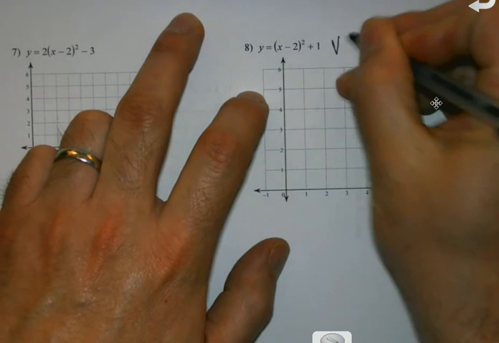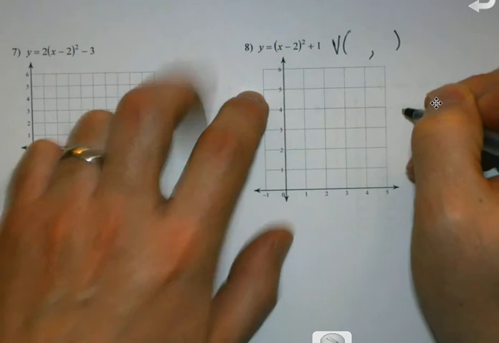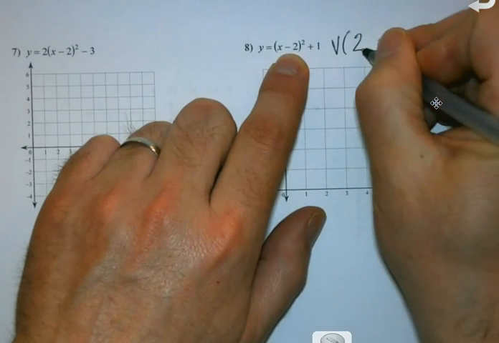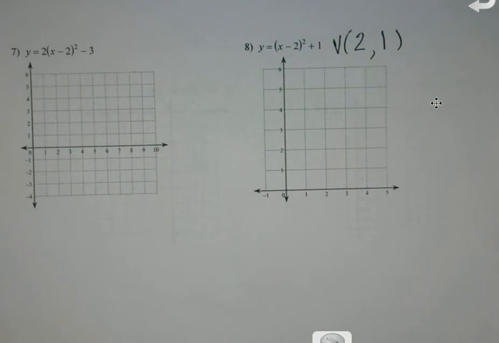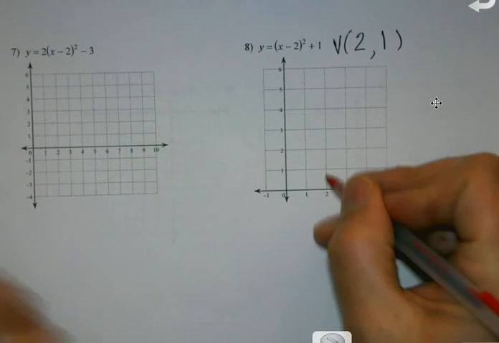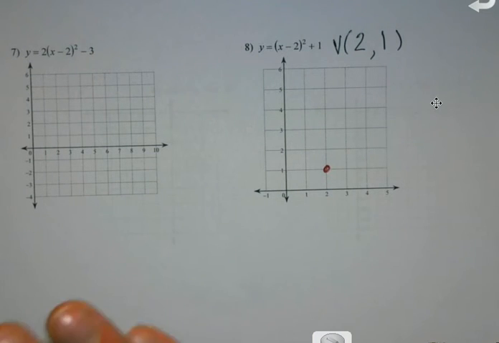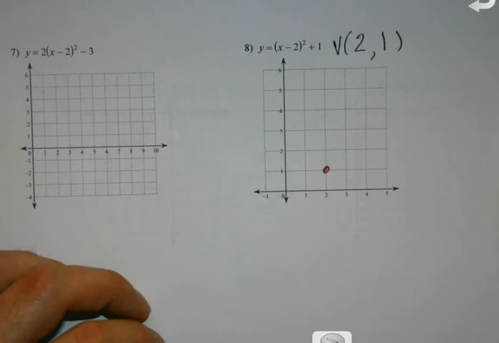Again, I can steal my vertex straight from here, switch the sign, keep the sign. This one's going to be? I think so. So 2, 1. And again, if some of you wanted to go and you're like, do I have to put the chart?